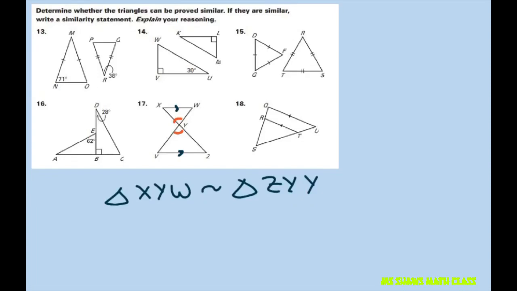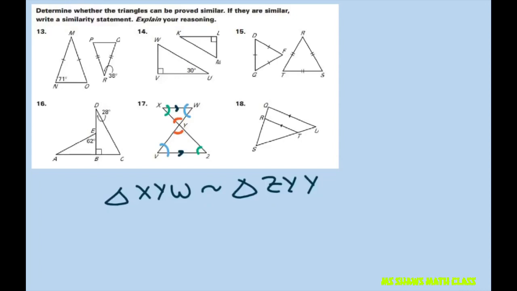So the alternate interior angles are here, and I have my two pairs of them. So here's the other one. And that's why we have three angles that are congruent: two pairs of alternate interior and one pair of vertical.